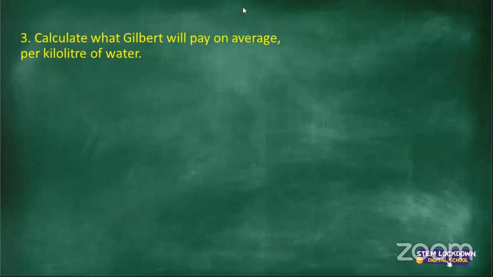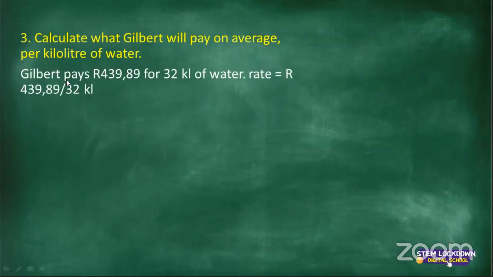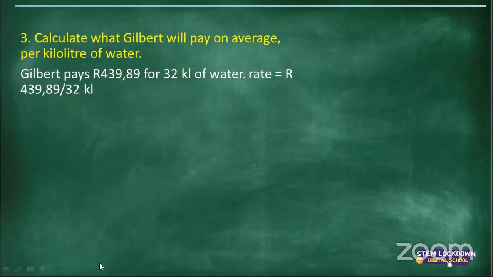And then the third question: calculate what Gilbert will pay on average per kiloliter of water. We have worked out in the previous question that Gilbert pays 439.89 for water.